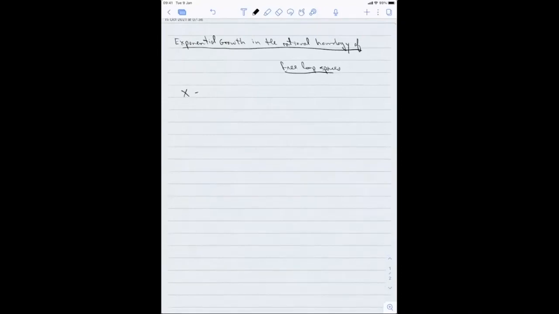And so a little bit of notation. Throughout, we'll think about simply connected spaces. And we'll use script LX for the free loop space.